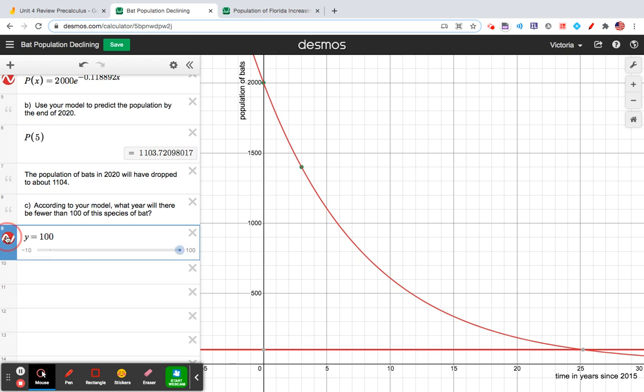And I want to change my color here. We can see that these two curves intersect at an x value of 25.197.